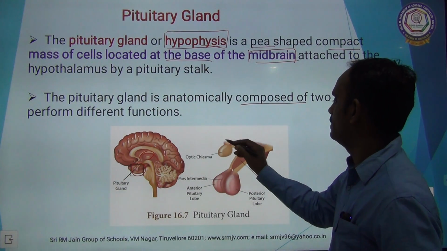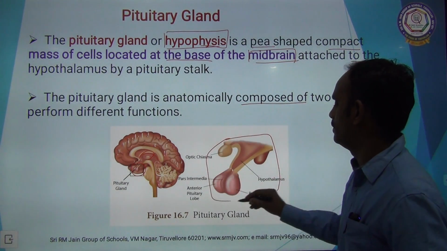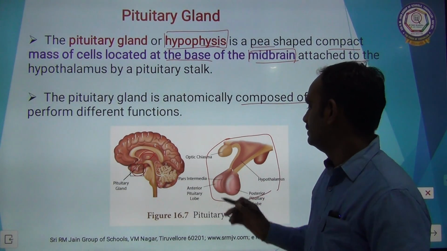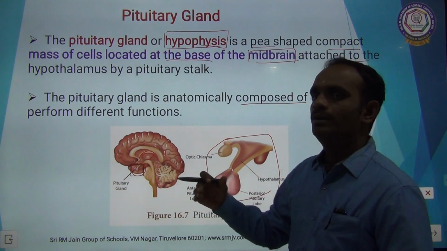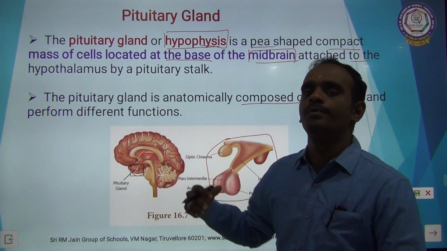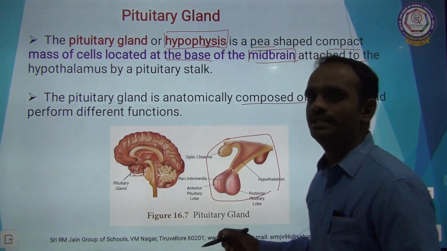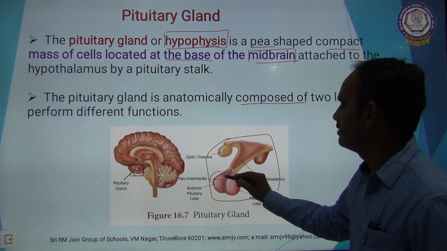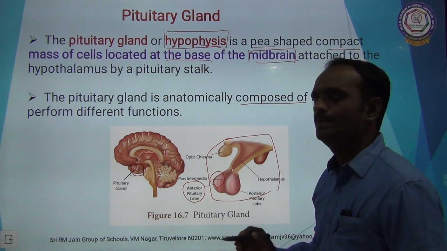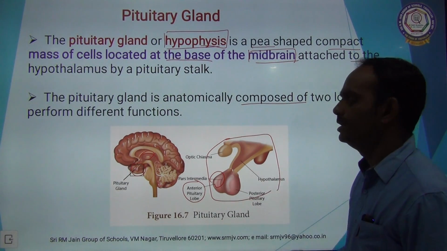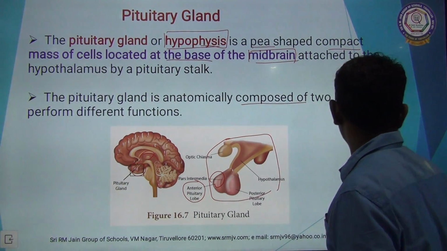This is the enlarged part of the pituitary gland. See here, this pituitary is anatomically composed of two lobes. One is anterior lobe, another one is called posterior lobe. See here, this part is called anterior pituitary lobe, and this part is called posterior pituitary lobe.